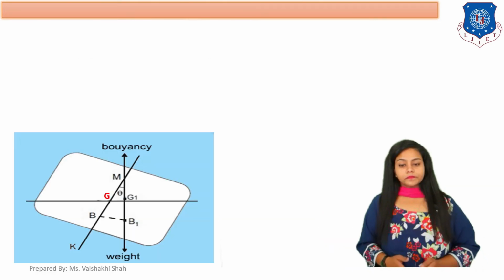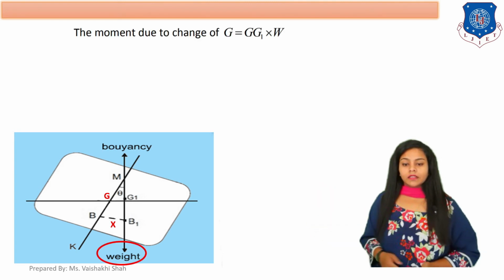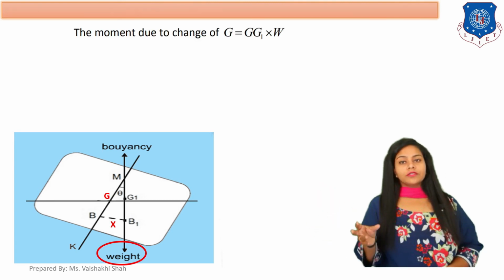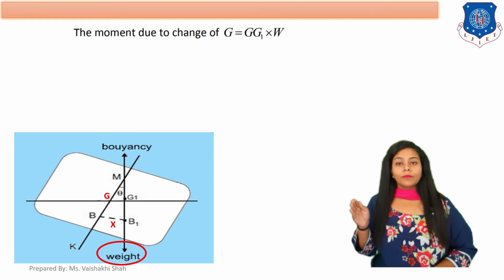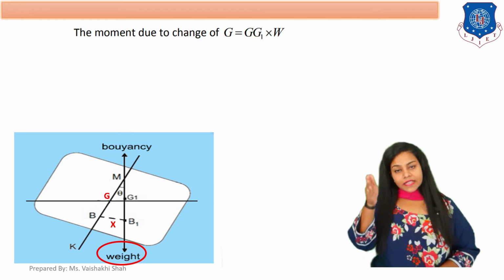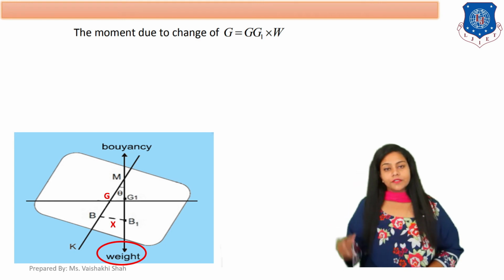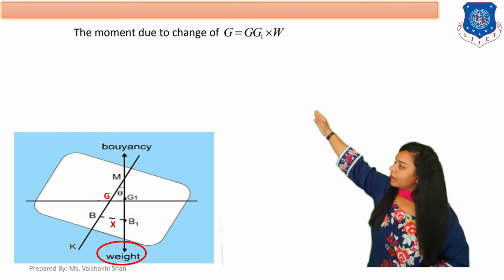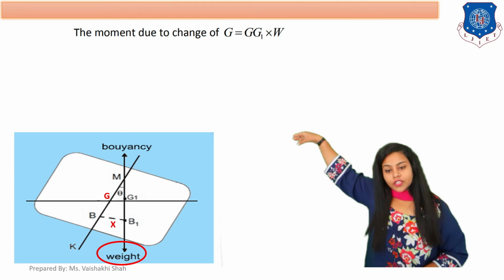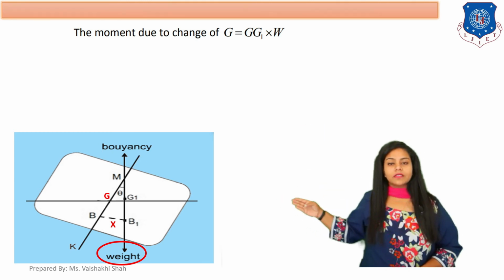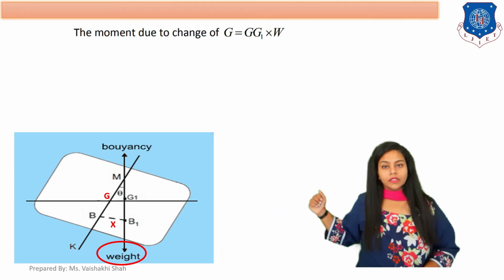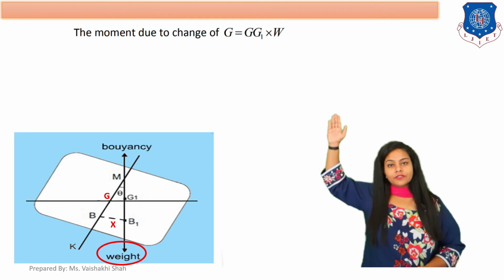Here, for the moment due to the change of G, the total weight is acting from point G. So moment is force into perpendicular distance. Now we have W, which is acting from point G, and its perpendicular distance is GG1.